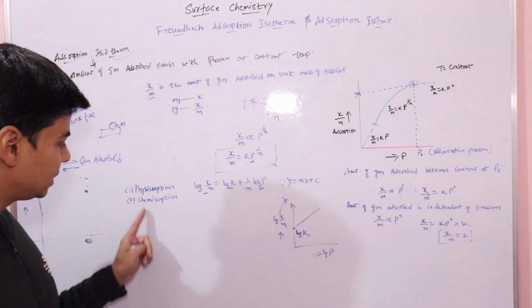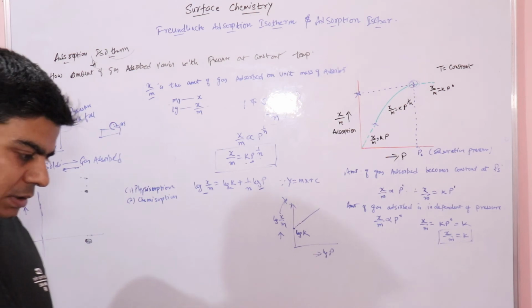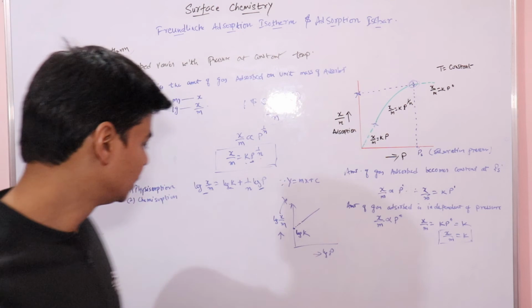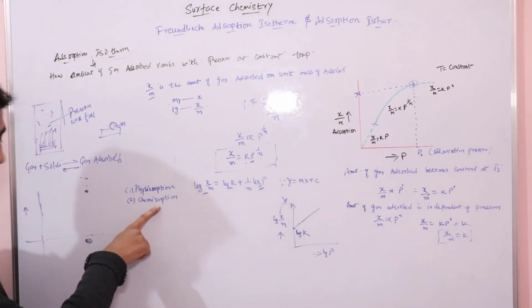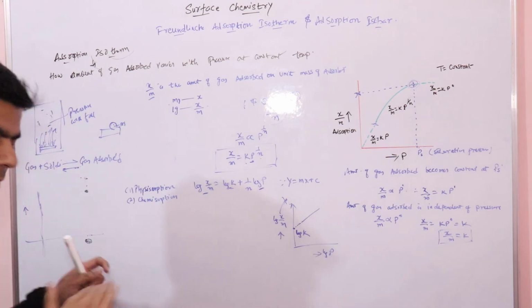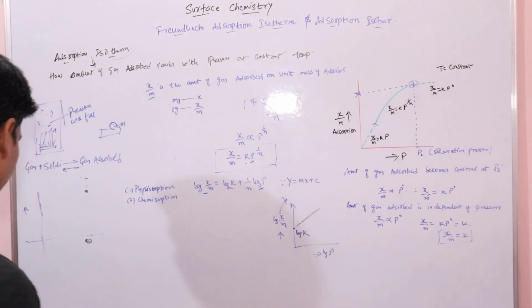Whereas in chemisorption, the gas will form a chemical bond with the adsorbent. So in the second case, we have a chemical reaction. In the first case, we don't have a chemical reaction. It's just a simple adsorption on the surface of the metal.